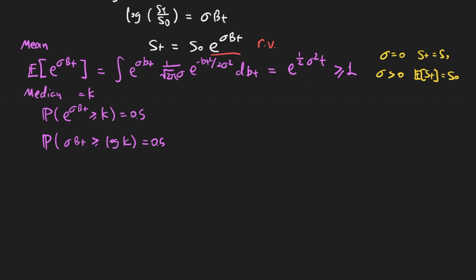So it implies that log k equals 0 and k equals 1. This means that with probability 1/2 the stock price at time t is greater than S_0, meaning that we are making money from this stock, and with probability 1/2 the stock price is lower than the initial stock price. Okay, so I actually ran a simulation for this example. Let's take a look at it.